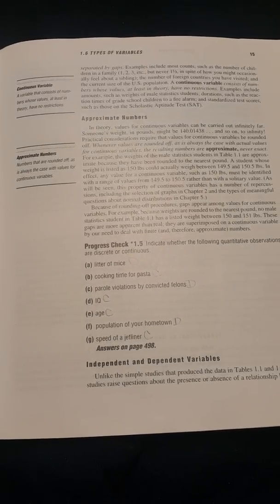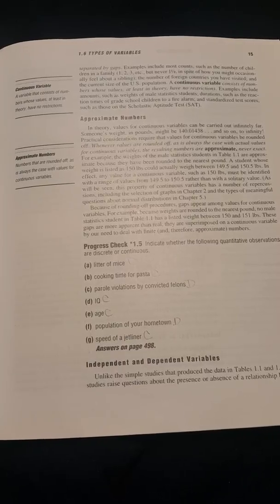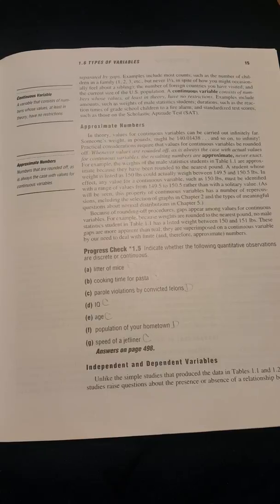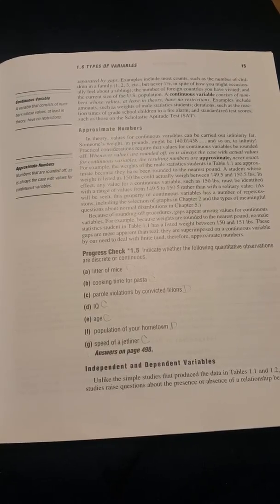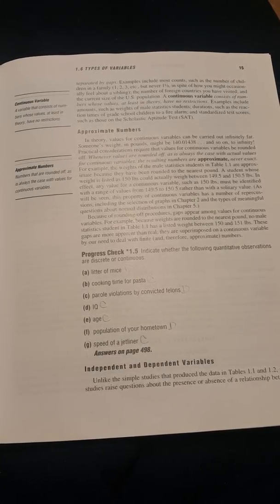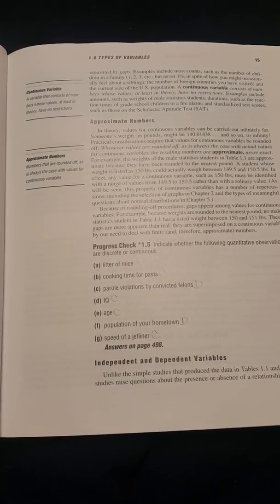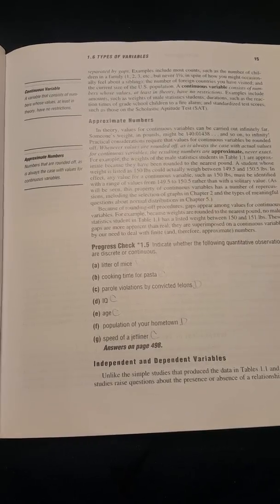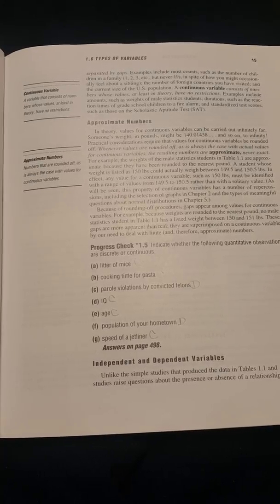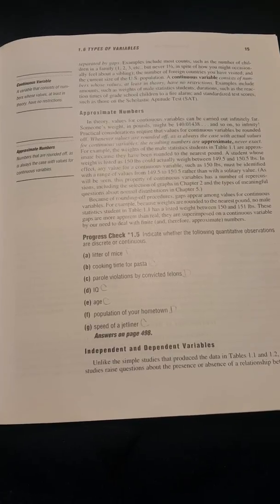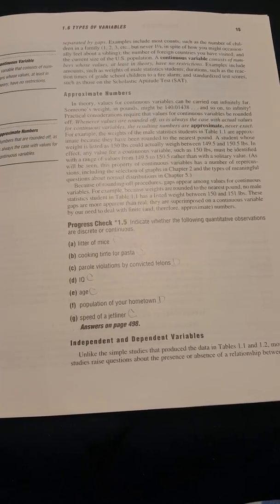Approximate numbers are numbers that help round off continuous variables, since in theory continuous variables can be carried out infinitely far. So the definition for approximate numbers is numbers that are rounded off, as is always the case with values for continuous variables. And I give you some examples of some approximate numbers.